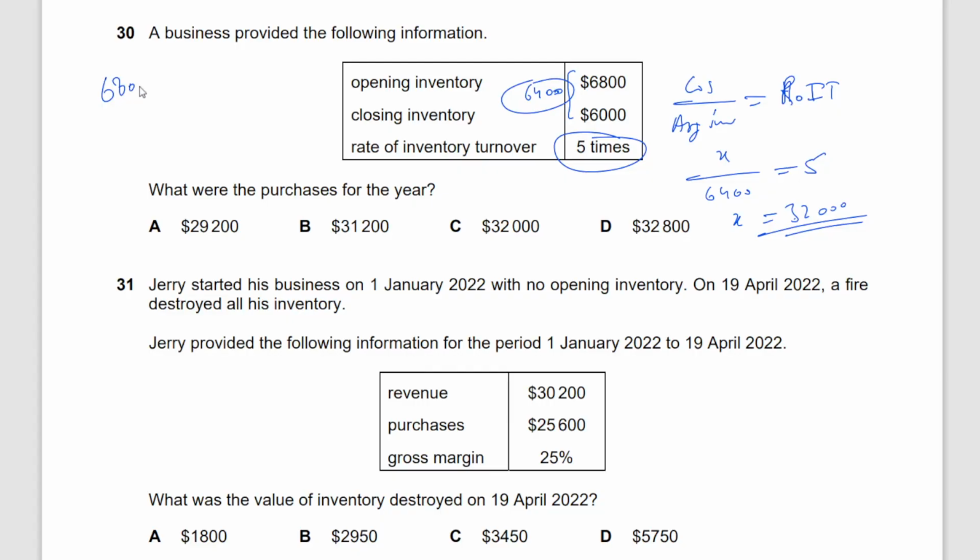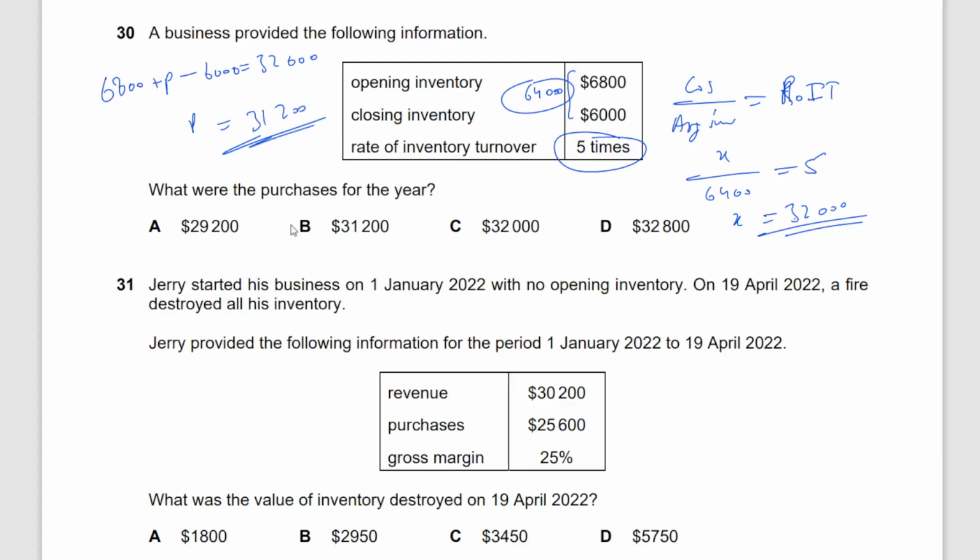Opening inventory plus purchases minus closing inventory equals cost of sales of 32,000. With some basic algebra, we move the 6,000 and add it over there, and 6,800 is subtracted from the other side. So 32,000 plus 6,000 minus 6,800 gives us 31,200.